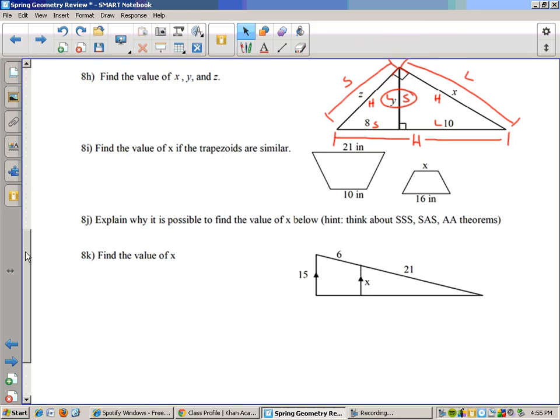So setting this up, what I'm going to get is that in the small triangle to the medium triangle, I'm going to set up and say, look, I know that the large side is 10.